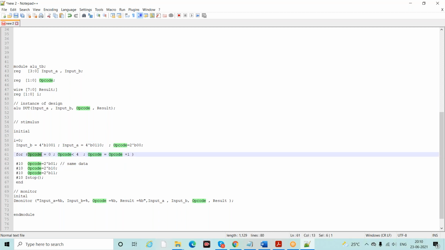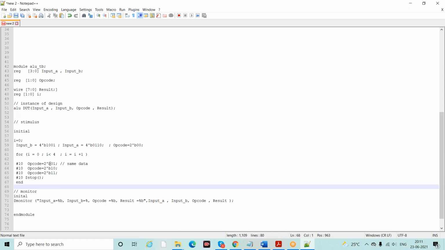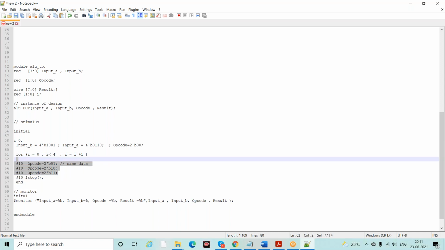So first code you can check. Small change, sorry. I.